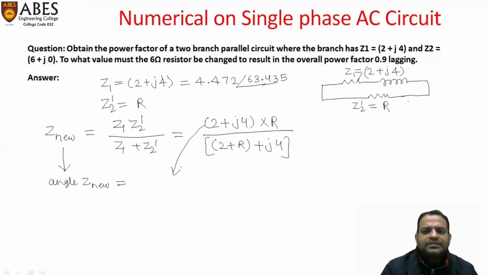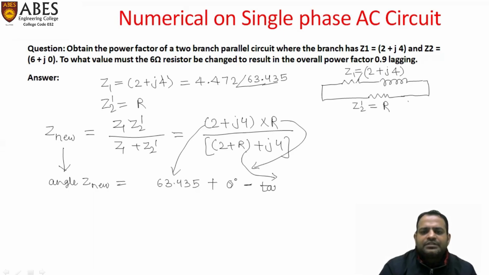The angle of this is 63.435, and in polar form, when we are multiplying two polar forms, the angles add, plus the angle of this R is 0 degree, and minus the angle of this denominator.